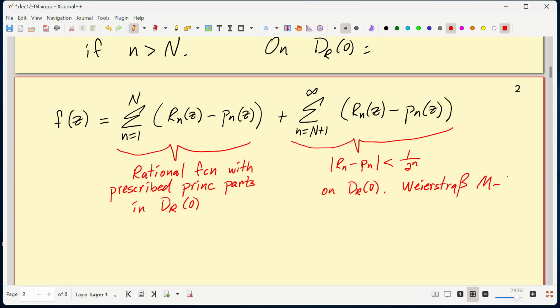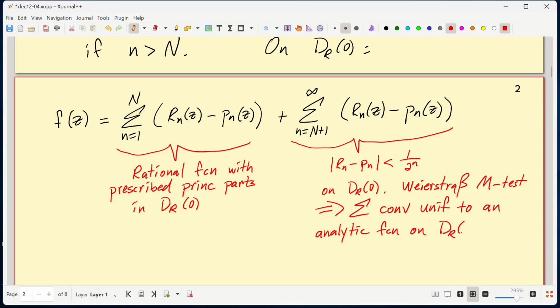Weierstrass M test implies that the sum converges uniformly to an analytic function on the disk of radius r about 0.